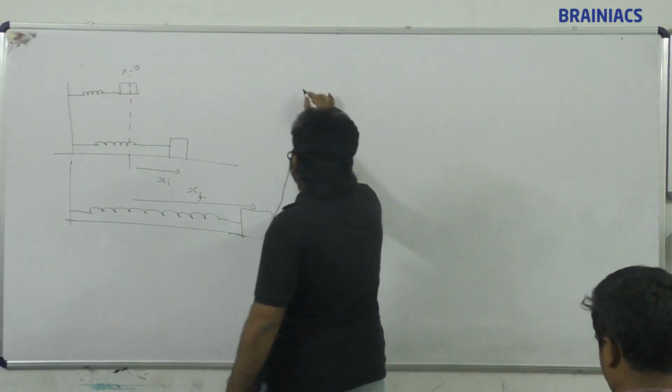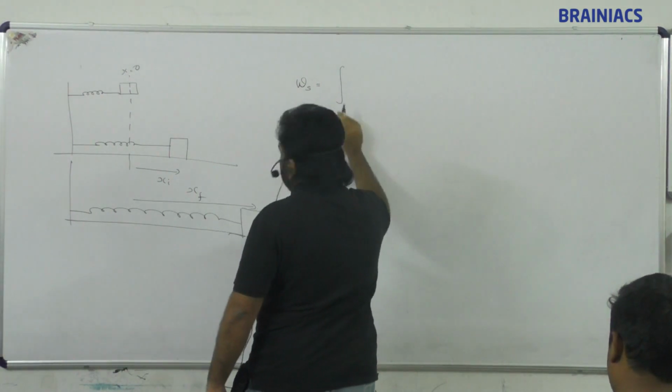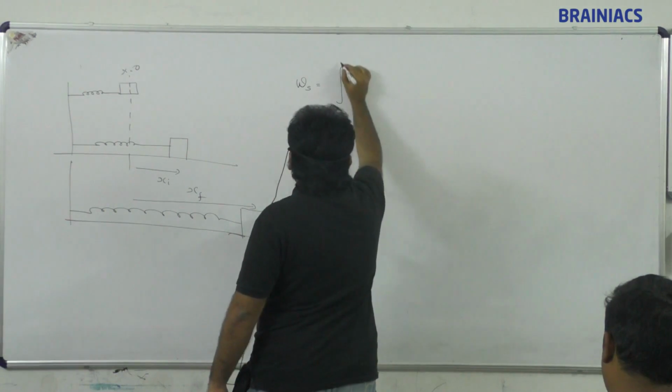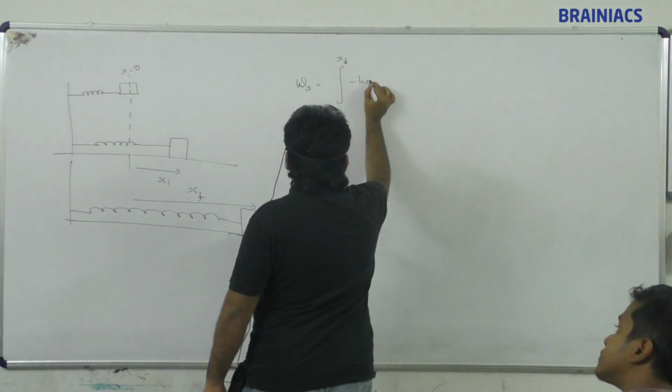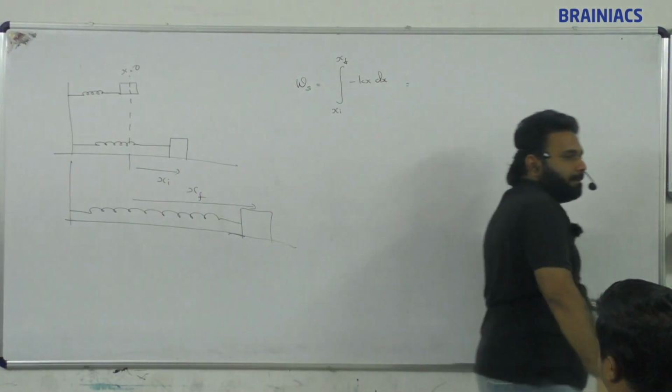So in this case, work done by spring force will be what? Integral from where to where? From xi to xf of minus kx dx. So when we do this, what are we getting?